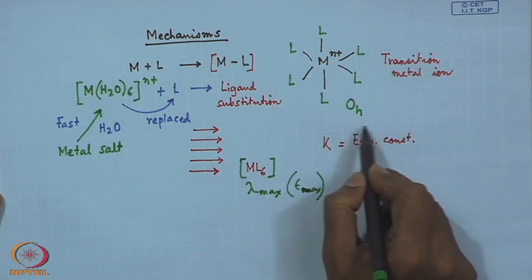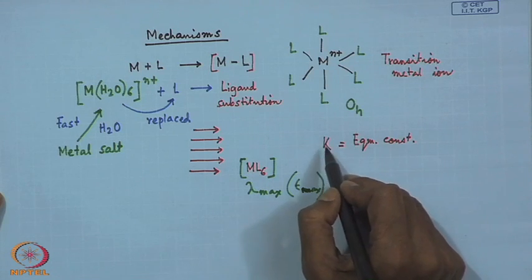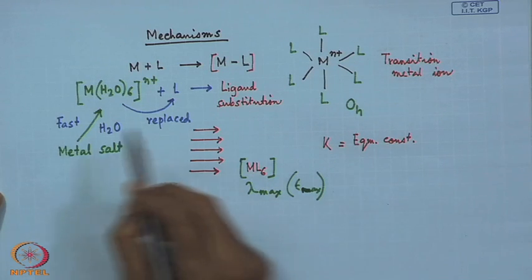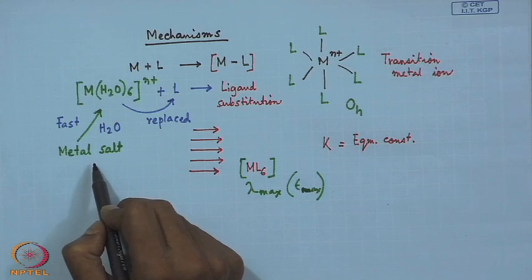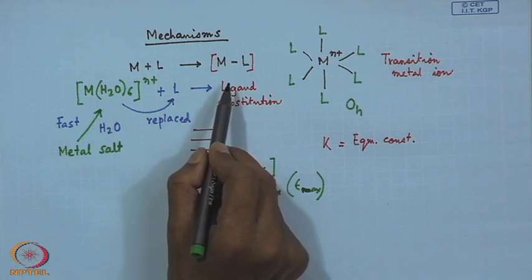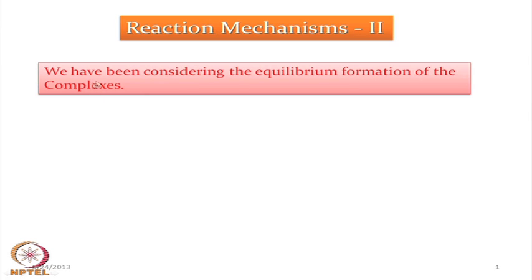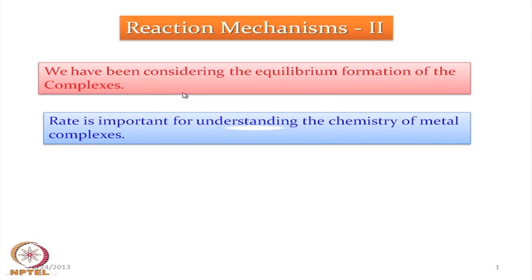The equilibrium constant tells us the stability of the compound formed through the ligand substitution reaction by stepwise replacement of all 6 water molecules by these ligands. When we consider this as the equilibrium formation of these complexes, the reaction mechanism will not tell us how quickly the equilibrium is achieved for the formation of this ML6 species.